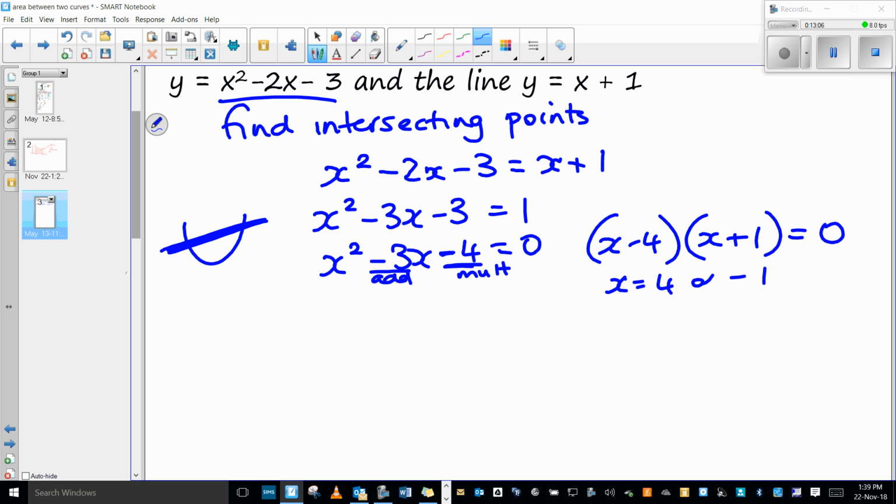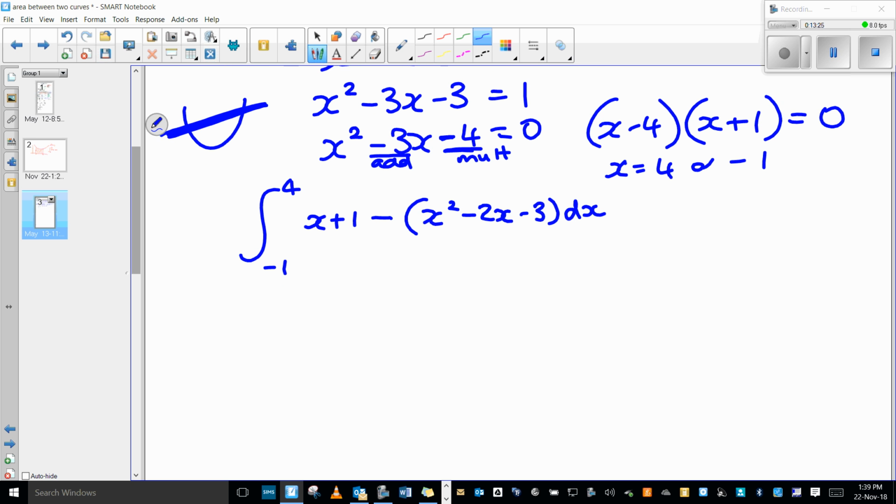So that means I'm going to find the integral between 4 and negative 1 of x plus 1 subtract x squared minus 2x minus 3. Now we'll do it without the calculator, just so we're comfortable with doing it. Remember, you're subtracting all of the right-hand side.